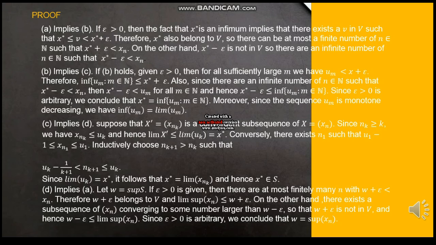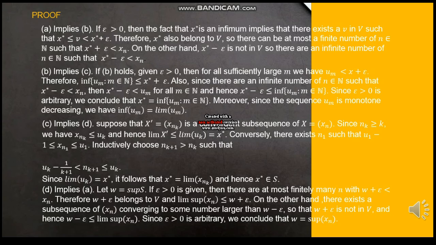Therefore, x star also belongs to V. So, there can be at most a finite number of n element natural numbers such that x star plus epsilon less than xn. On the other hand, x star minus epsilon is not in big V, so there are an infinite number of n element natural numbers such that x star minus epsilon less than xn.